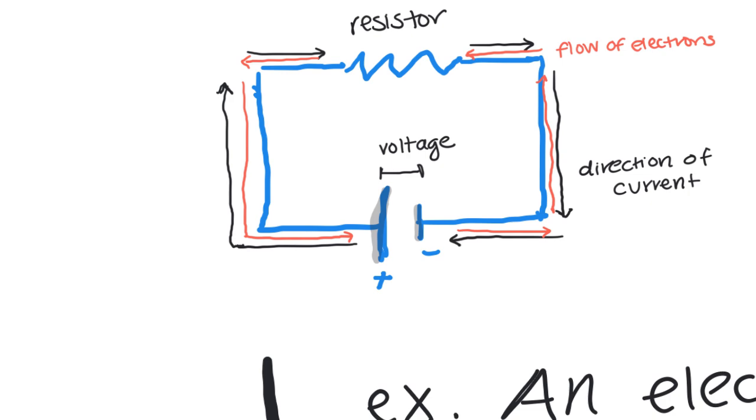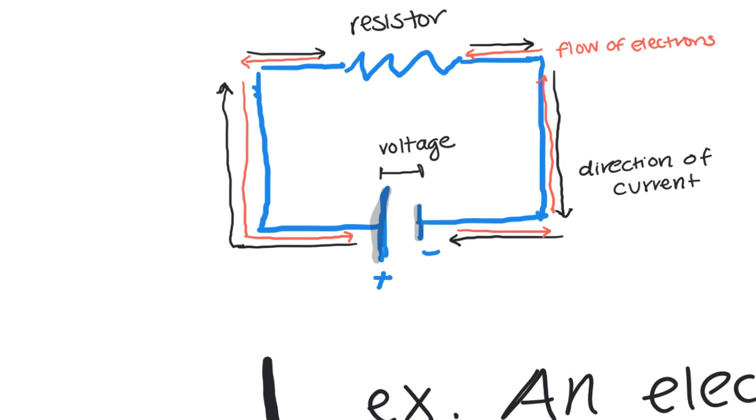So we are going to see our electric current flow away from the positive terminal of the battery all the way around back toward the negative terminal of the battery. So I've labeled that direction of the current in a circuit in black.